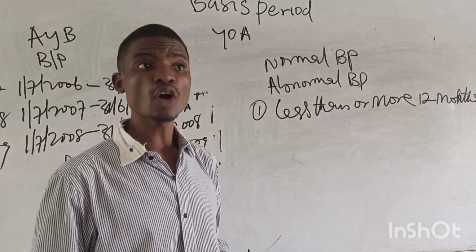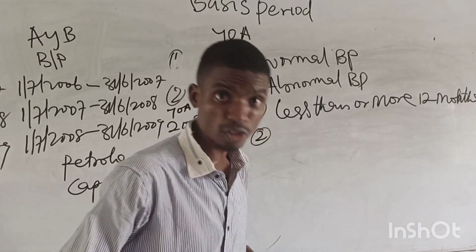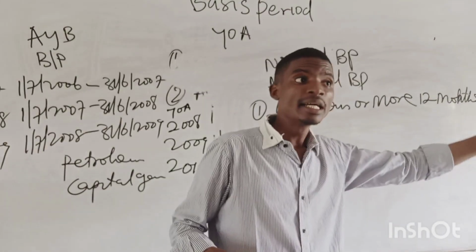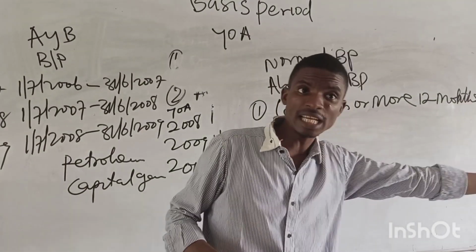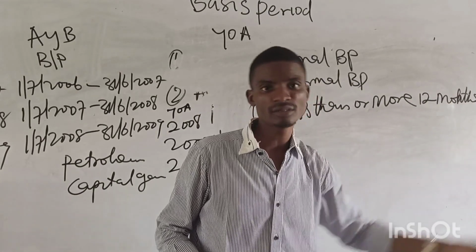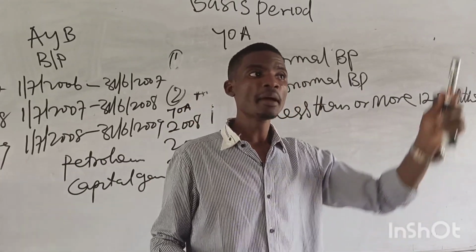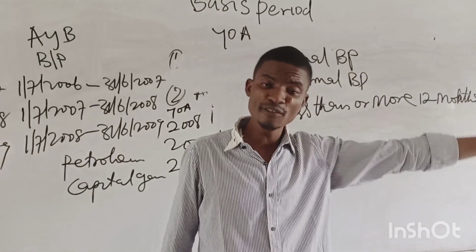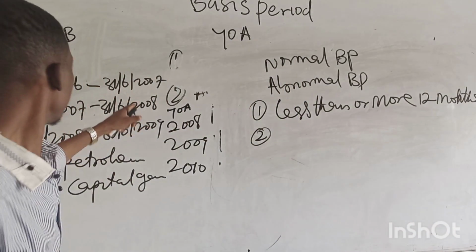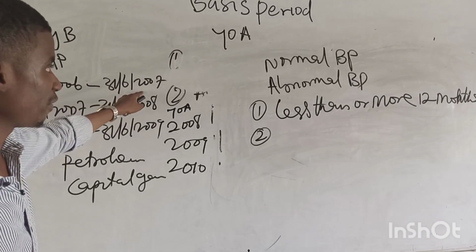Number two feature of normal basis period is that the basis period must start a day after the ending of the previous accounting date or previous accounting period. Assuming, for instance, the business makes up its account on 31st June 2007.